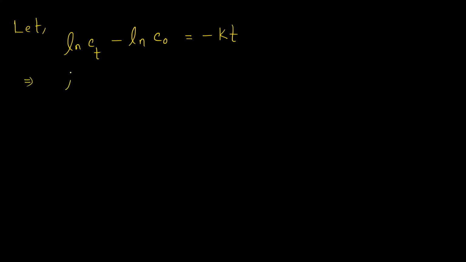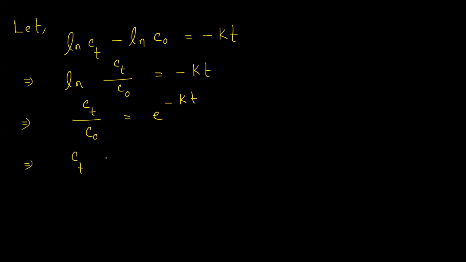So we can write ln ct upon c naught is equal to minus kt. And we can write ct upon c naught is equal to e to the power minus kt. So finally we can write ct is equal to c naught e to the power minus kt. So this is our another expression.